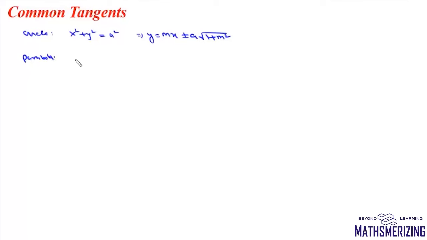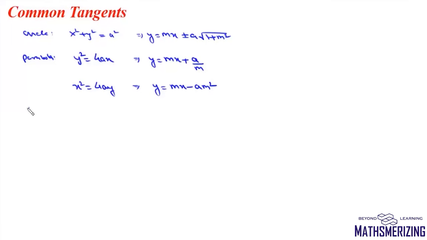So here I'll just consider this first form, which is y square equals 4ax, and the equation of tangent for this is y equals mx plus a by m, and for the parabola x square equals 4ay, the equation of tangent is y equals mx minus am square.